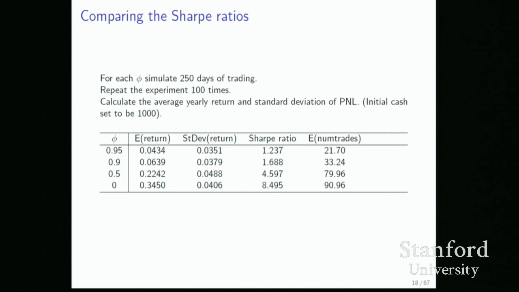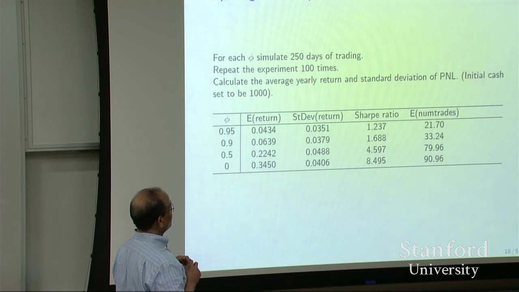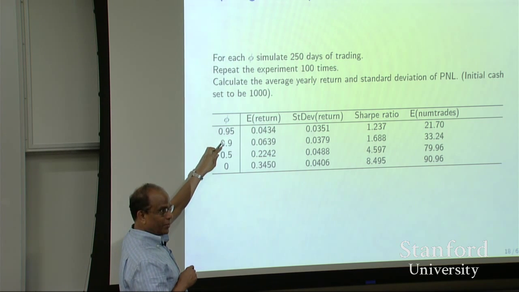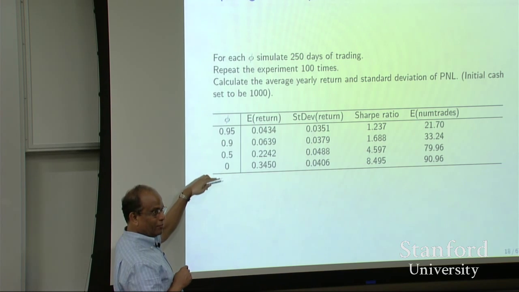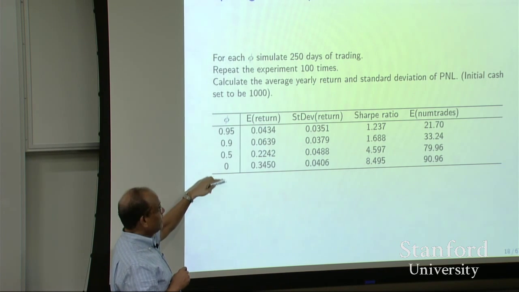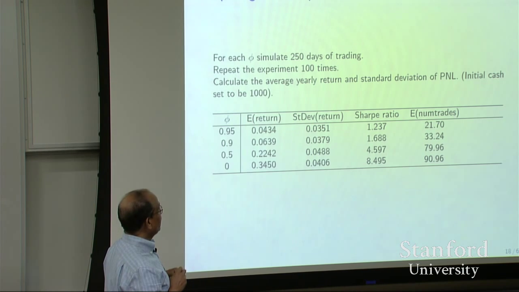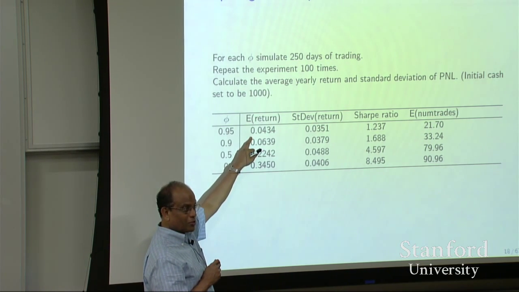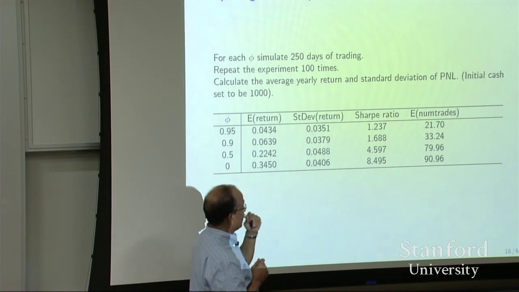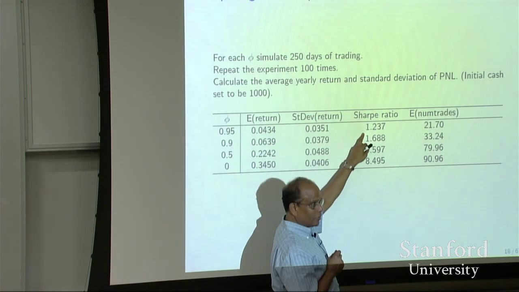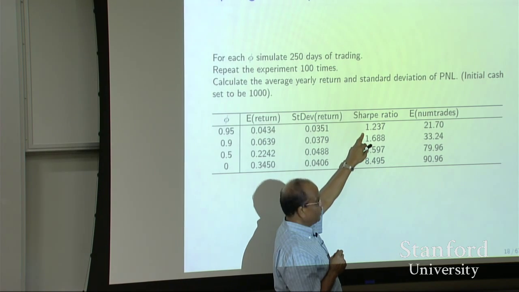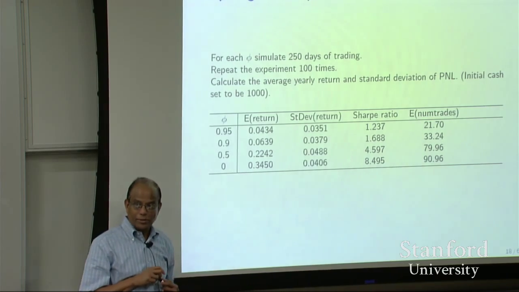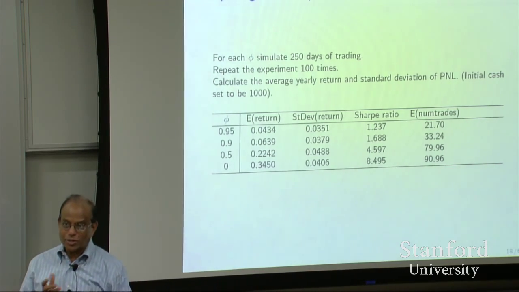The key part to keep in mind is comparing pi equal to 0.95, the more realistic situation, with pi equal to 0. You can see the expected return is only 4%, 0.0434, and the Sharpe ratio is only 1.237, which is still good, and the expected number of trades is 21.7. About 20 trades, that's all you can make.